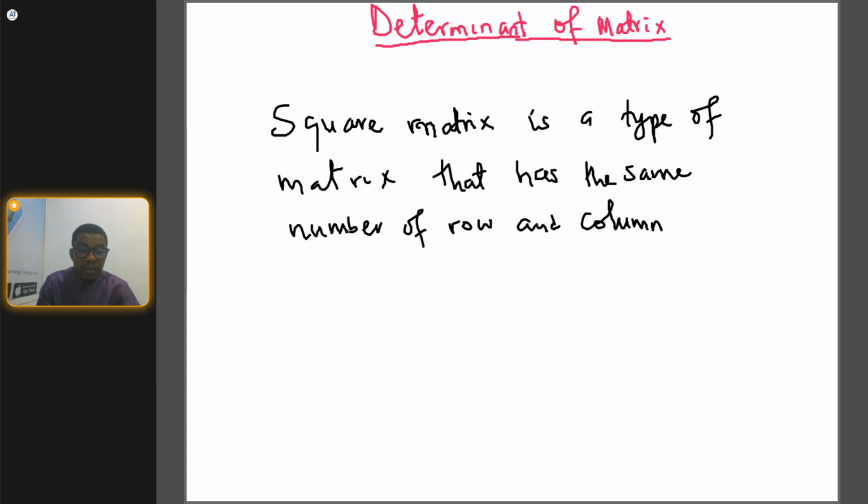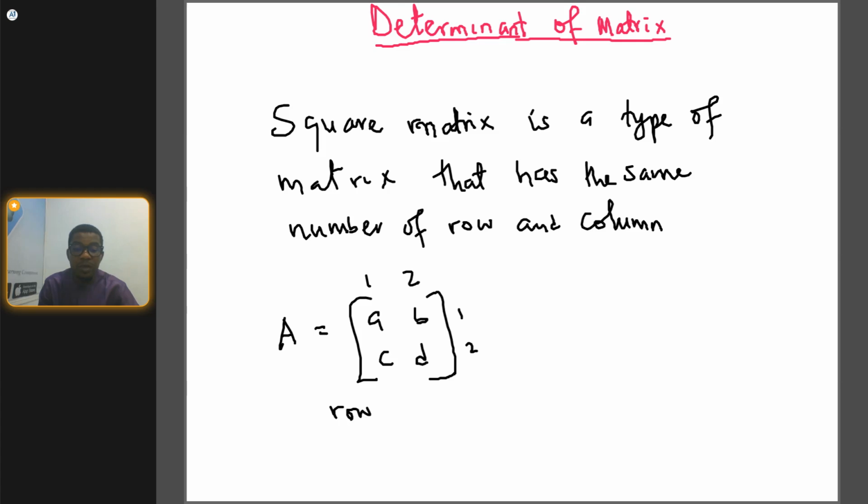For example, if matrix A is given as A, B, C, D, this is a square matrix because we have 1, 2 rows and 1, 2 columns. We name it as row times column.